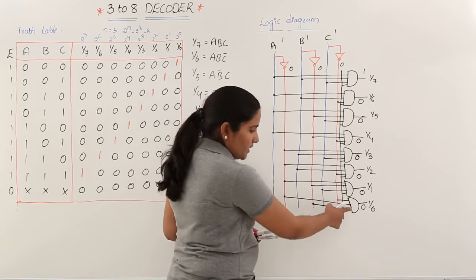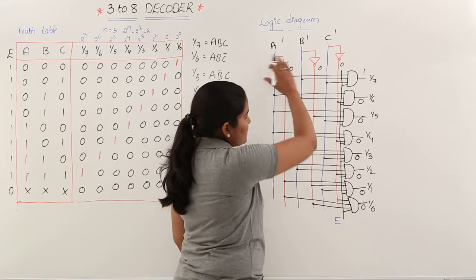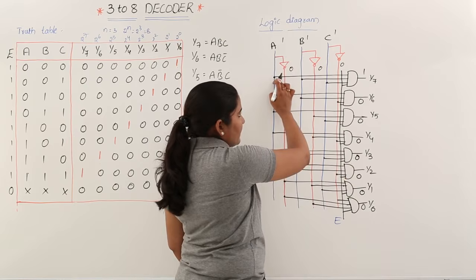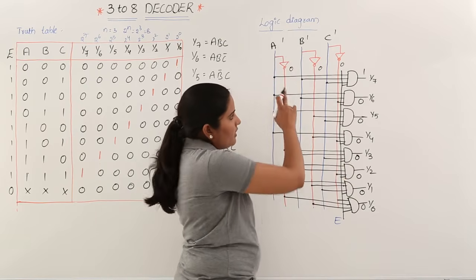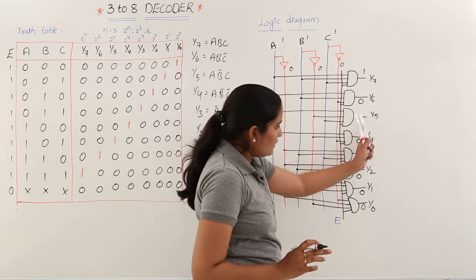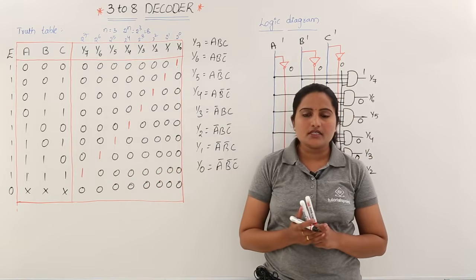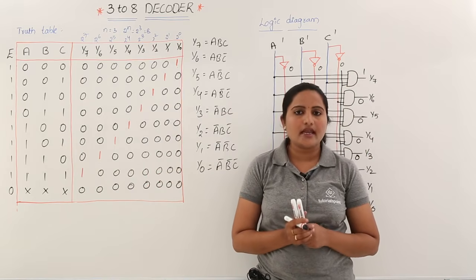If any one input of an AND gate is 0, the output is 0. In this condition, only at the first gate do you get all ones for the AND gate. So you got 1 and seven 0s, the expected output. This is the design of the 3 to 8 decoder.